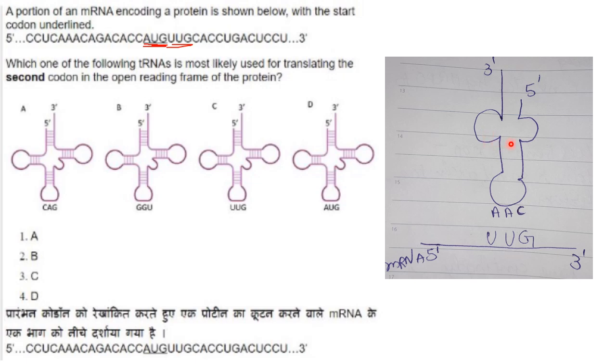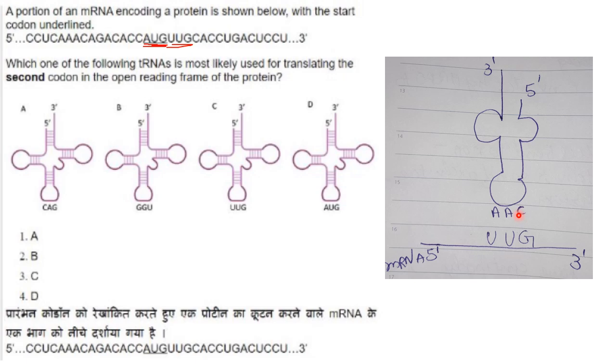This is the tRNA, this is the mRNA, this is UUG, and by complementary base pairing you will get AAC. Sorry, CAA, 5 prime to 3 prime. So it is CAA that you will get. If you see the diagram over here, you don't see any CAA in the 5 prime to 3 prime end.